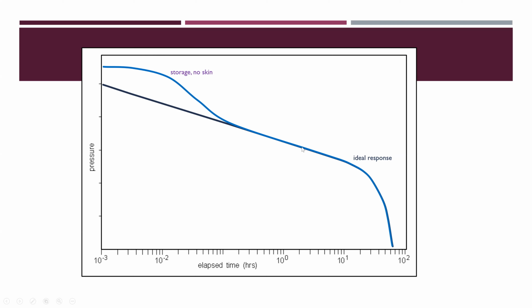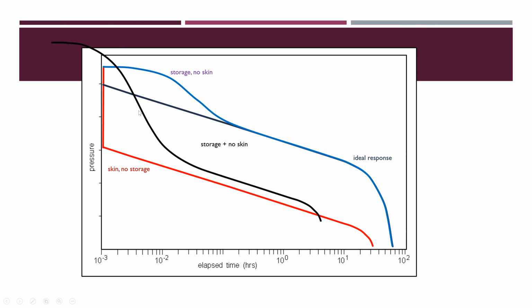So we anticipate a shift or separation in case we have skin, because we identified the skin before as an additional pressure drop. This is why in the third scenario, with no storage but only skin, it will be parallel to the ideal one with only a delta P pressure difference between both of them.